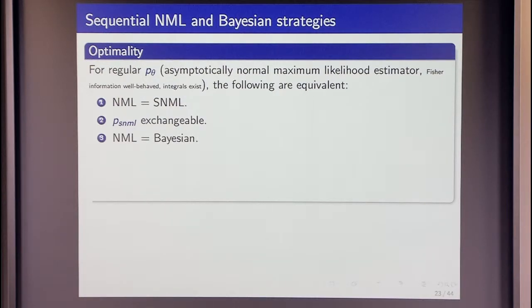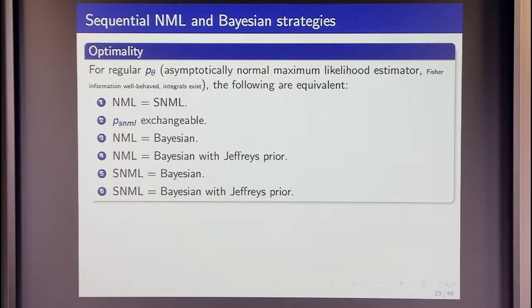But it turns out that means you could also compute the normalized maximum likelihood, the optimal strategy, using a Bayesian strategy, right? And they're equivalent. Any such Bayesian strategy has to be a Bayesian strategy with Jeffreys prior.